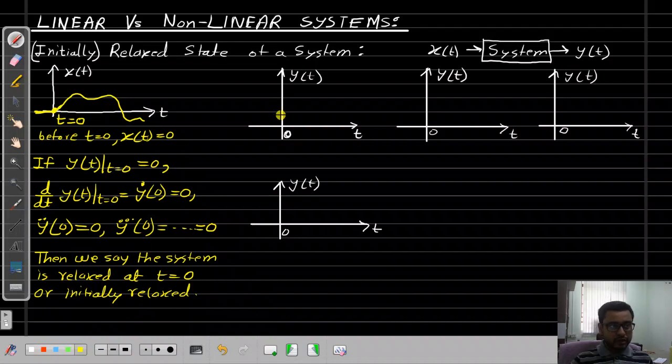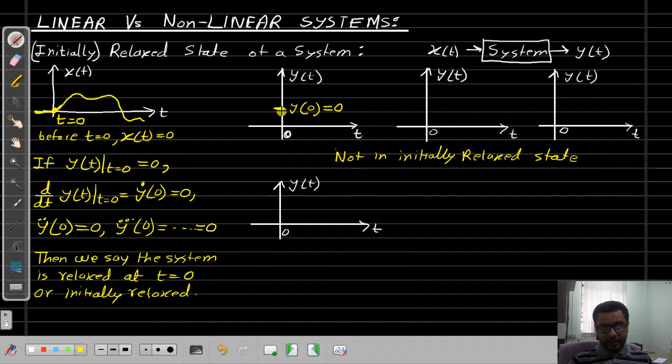However, if the output at t equal to 0 or slightly before that is non-zero, say it is like this, so y of 0 is non-zero, then this system is not in initially relaxed state, because the output initially is not 0.